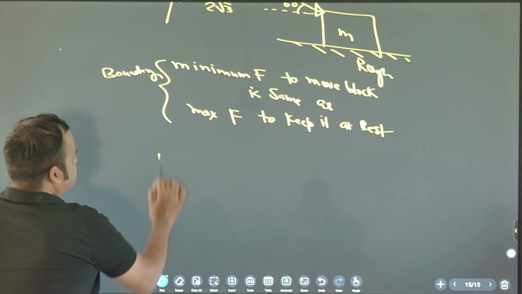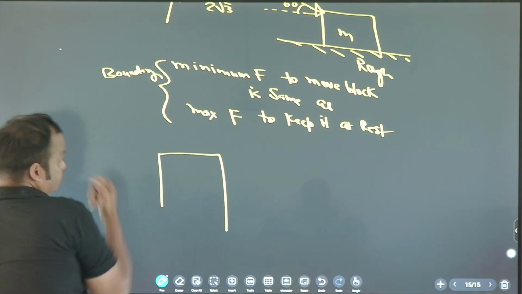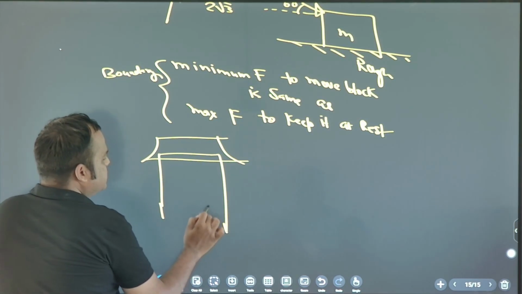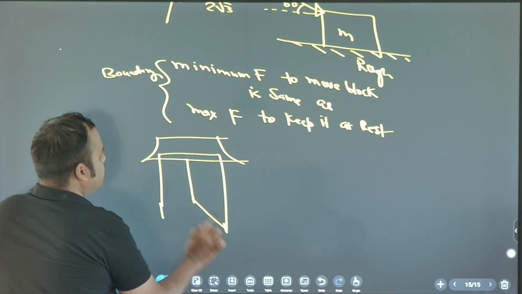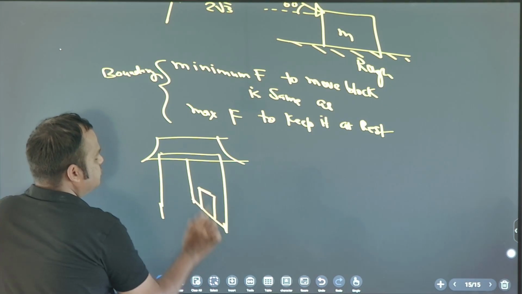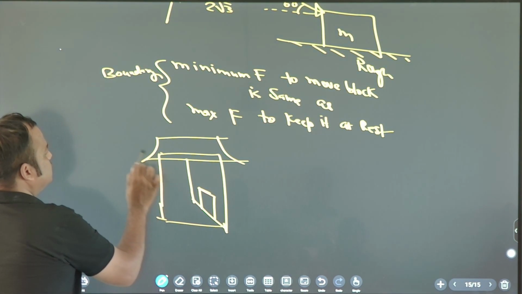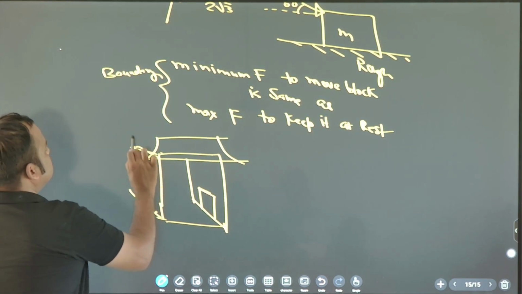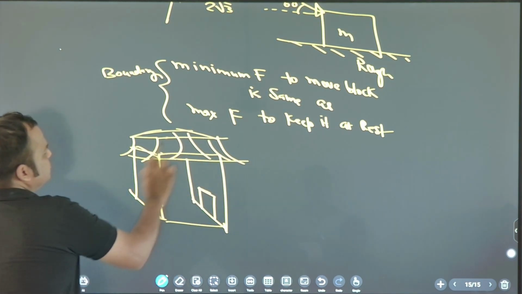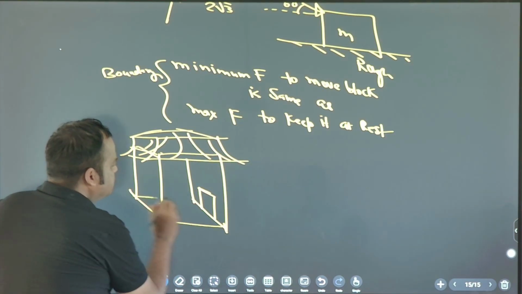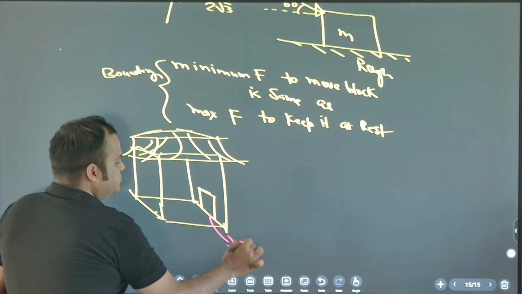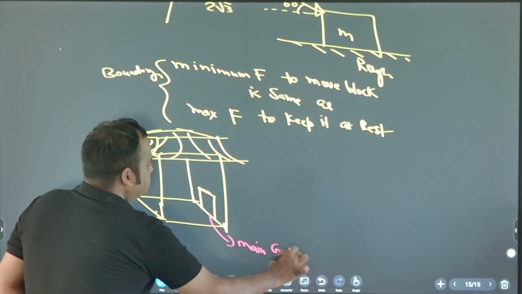Suppose this is the house, and this is the wall of the house. There is a door here, the main gate.